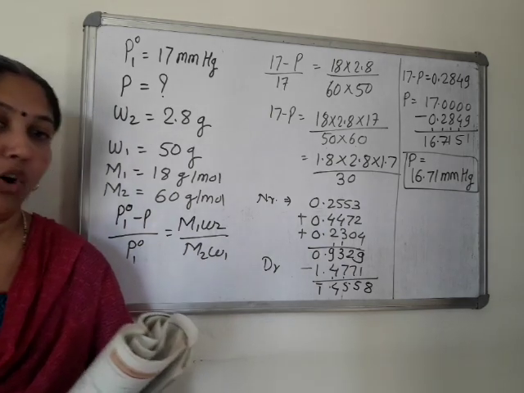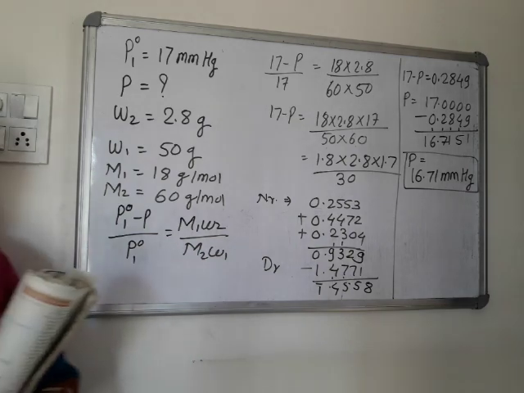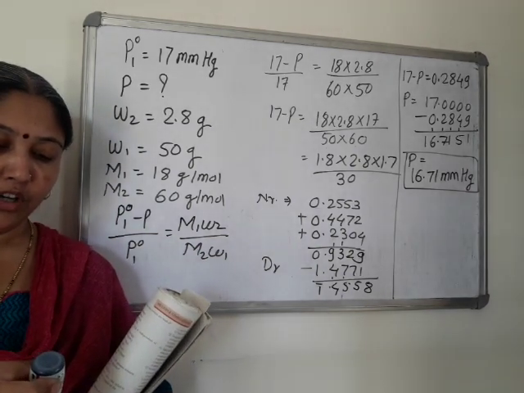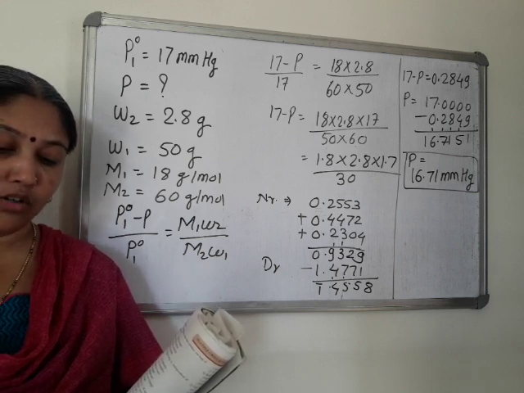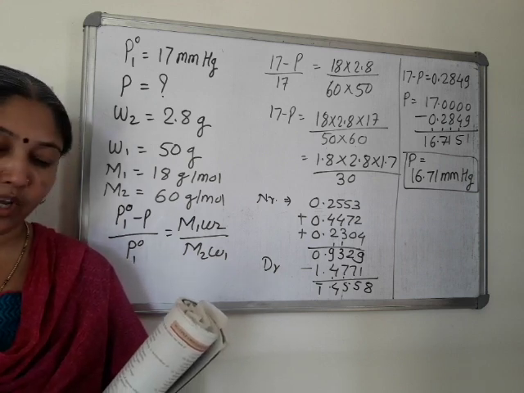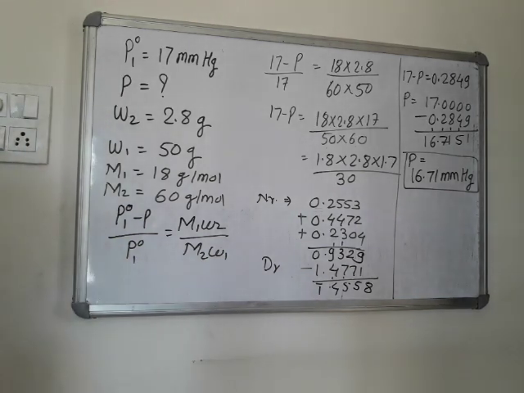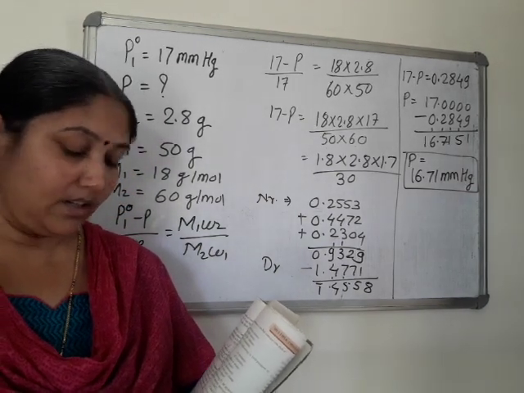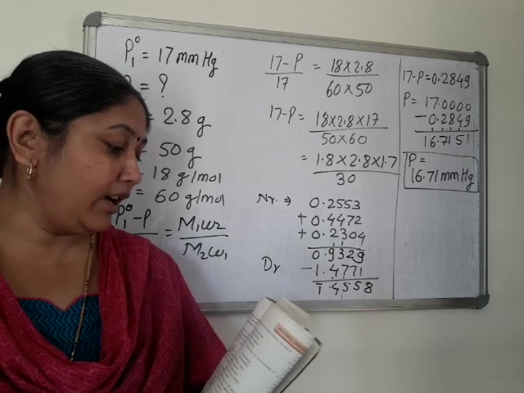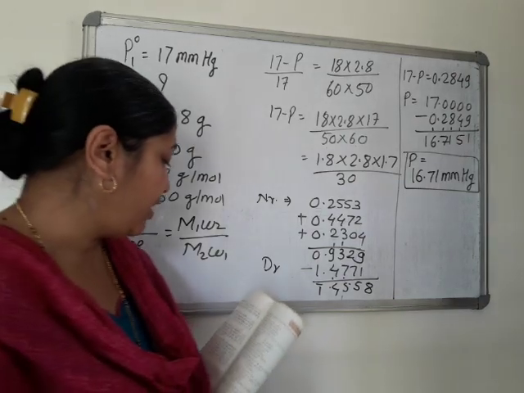Next question, take it down. The vapor pressure of a 2.1% solution of non-electrolyte in water at 100 degrees Celsius is 755 mmHg.